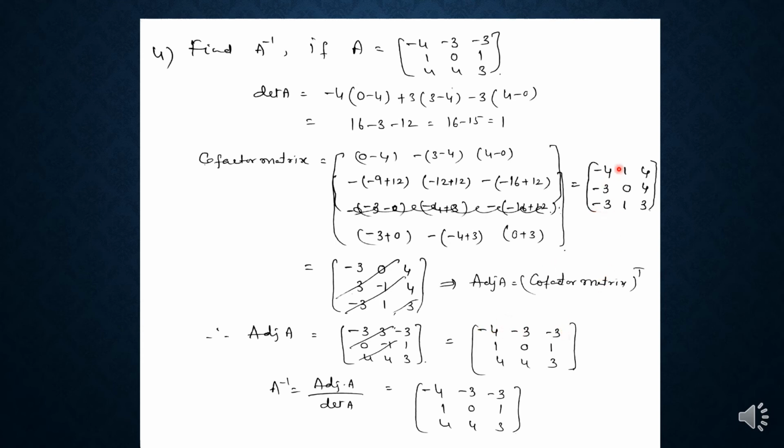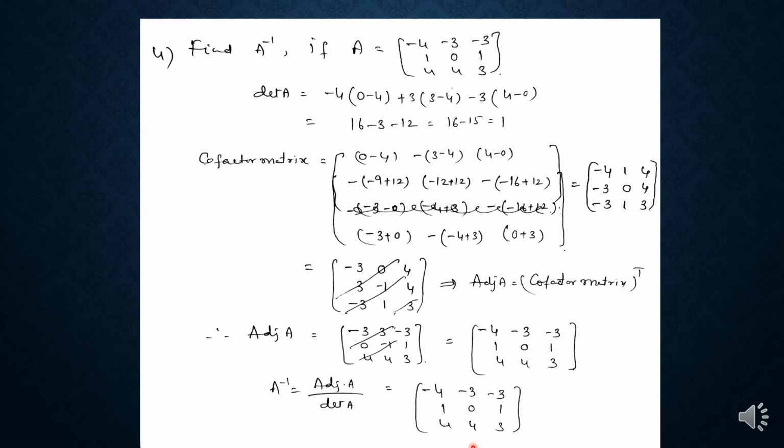Second column becomes second row, 1, 0, 1. And the third column becomes third row, 4, 4, 3. So this is the adjoint A, that is minus 4, minus 3, minus 3, 1, 0, 1, 4, 4, 3. So adjoint A is equal to A here.